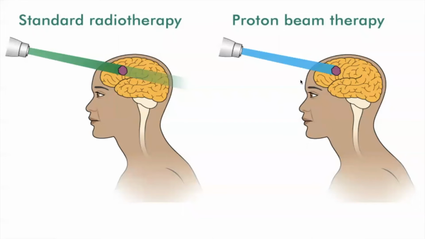Because of this concept of ionization, the radiation damages the molecules within the cell, which can include DNA. Damaging the DNA destroys the specific functions of the cell. One of the functions of the cell is to divide and proliferate.